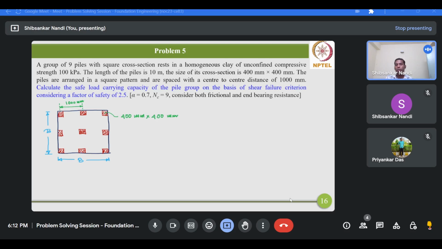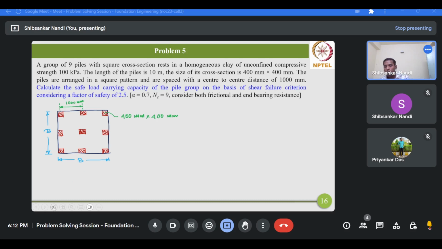Calculate the safe load carrying capacity of the pile group on the basis of shear failure criteria, considering a factor of safety of 2.5. These are the additional information given in this problem. The adhesion factor is 0.7. The bearing capacity factor contributed by cohesion is 9, and consider both frictional and end-bearing resistance. Okay.